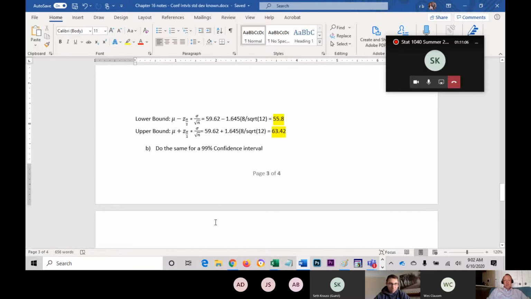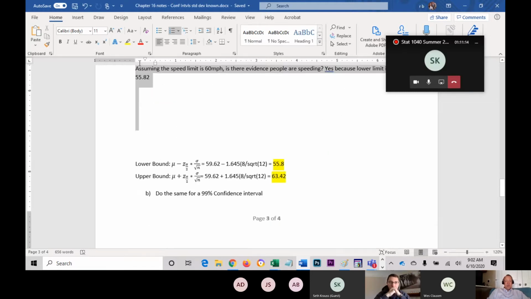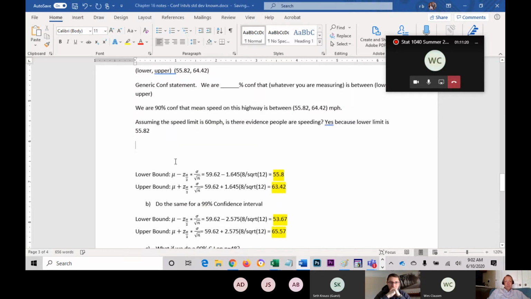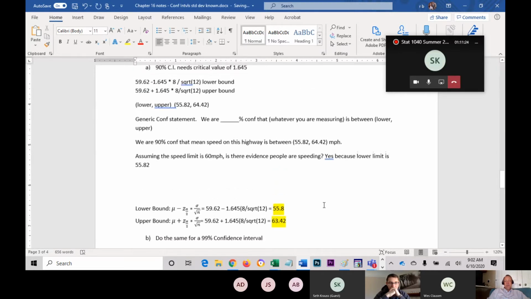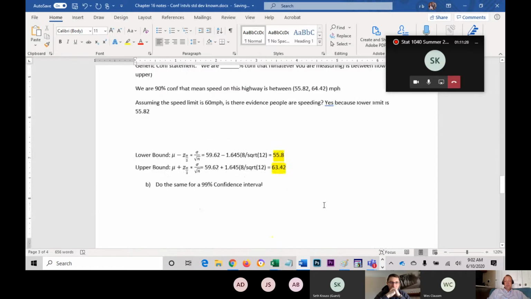Let's see here. Can we do the same thing for a 99% confidence interval? Basically I did all that, but I've got your answer there. Now the problem is we can't see the formula anymore.